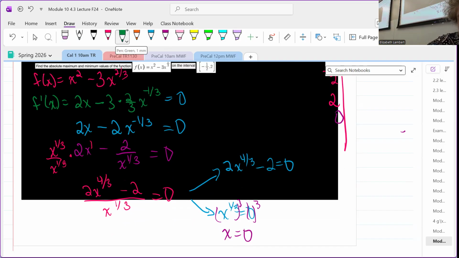Now the 2 times x to the 4/3 minus 2. I'll add the 2 and divide by 2, so I have x to the 4/3 equals 1. And then to get rid of the 4/3 power, I have to use the 3/4 power. But luckily the other side is 1, so 1 to a power is just 1.